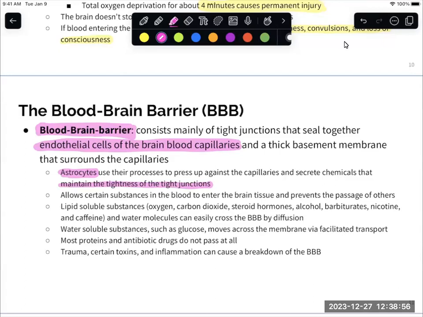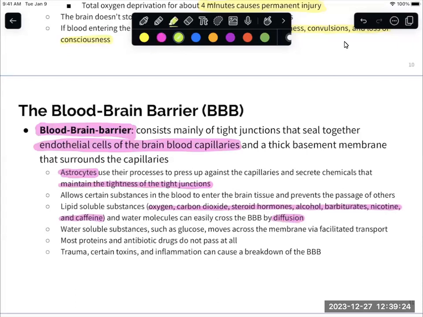Lipid-soluble substances and water molecules can cross the blood-brain barrier. So oxygen, carbon dioxide, steroid hormones, alcohol, barbiturates, nicotine, and caffeine can all cross that blood-brain barrier, and they do it by diffusion.